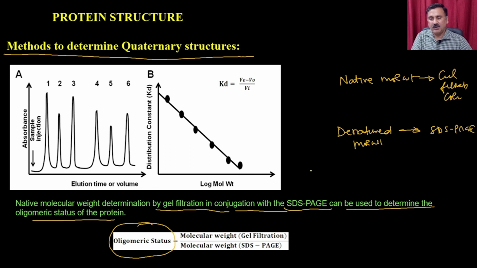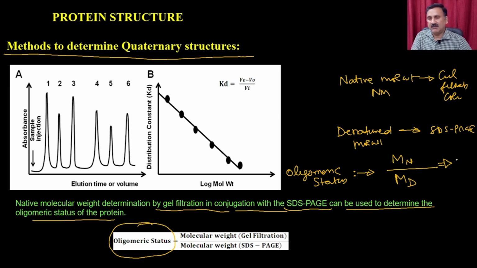Now you are going to determine the oligomeric status. You can take the native molecular weight and divide it by the denatured molecular weight, and you will get a number.